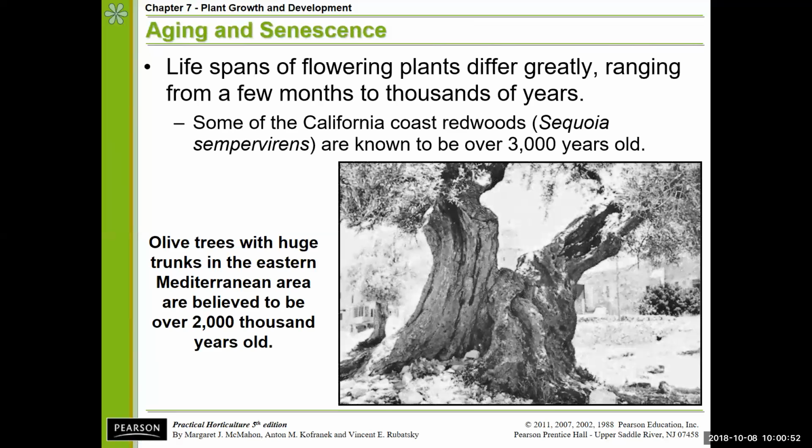Of course, the lifespans of flowering plants vary vastly. In some cases, we might have just a few months of a life cycle. In some cases, we have thousands of years. They believe that the oldest California coast redwood is closer to 4,000 years old.